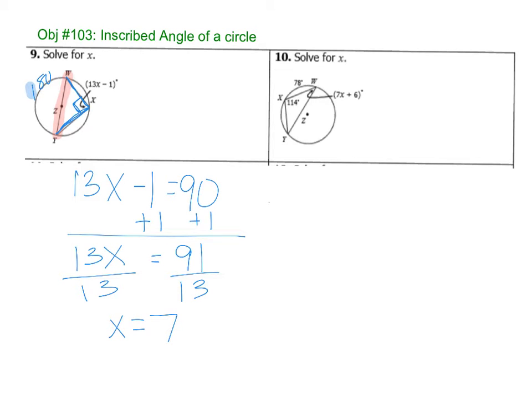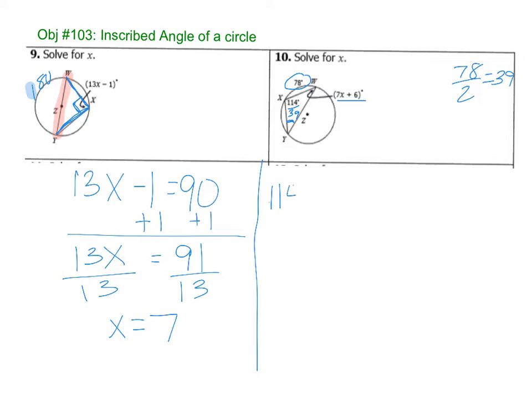All right, next one, number 10. So notice they gave us 7x plus 6 and 114. So in my head, I'm thinking, I have two angles in a triangle, so my guess is I'm going to be using that fact. What else did they give me? They gave me this is 78. If that arc is 78 degrees, I know angle Y. 78 divided by 2 is 39. So this angle in here is 39. So now I know the three pieces in there have to add up to 180.